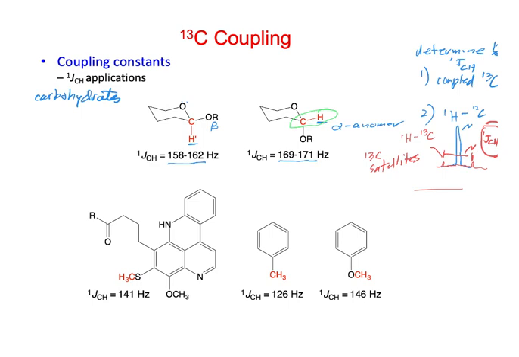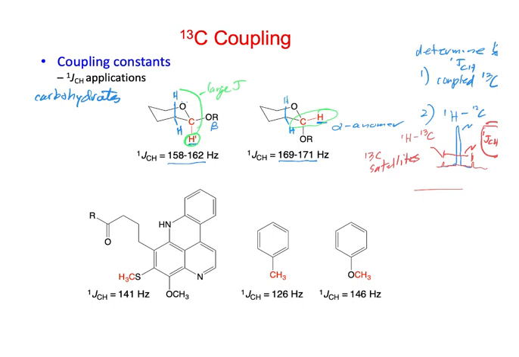So that would be one way to tell, and that gives us quite a bit of information just from that one experiment. The other ways, of course, have to do with proton-proton coupling. So if these are protons here, over here, this proton would also have a large coupling constant to the adjacent axial.